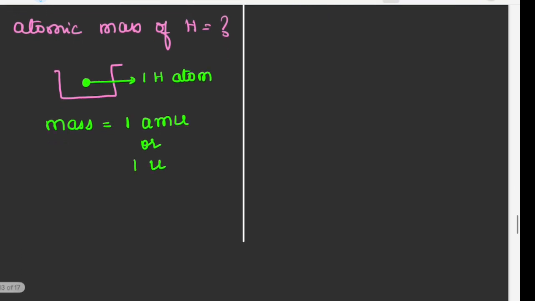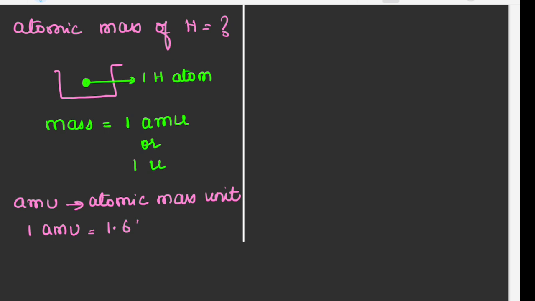What is AMU? AMU is nothing but atomic mass unit, and the value of 1 AMU is equal to 1.66 into 10 to the power of minus 24 grams. Can you see in grams what is the value of 1 AMU?